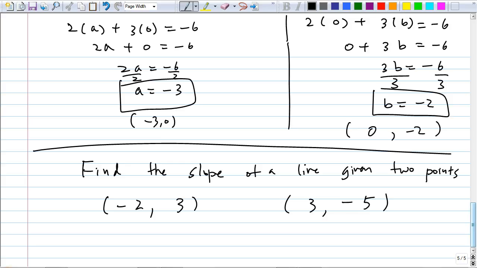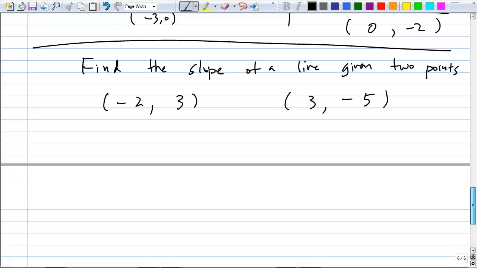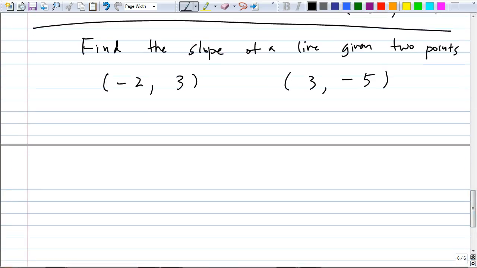So if we're given these 2 points of a line, how do we find the slope? We could graph them and figure out the slope, but that would not always be the best way. Remember, slope was rise over run.